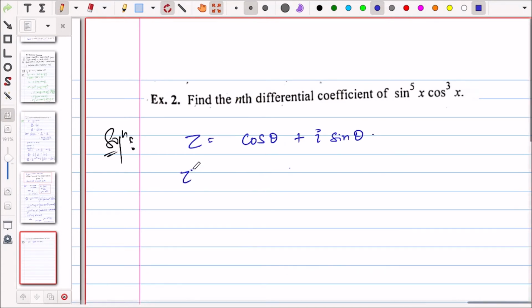So z to the power minus 1 is, you take the minus power, so it will become cos theta minus i sin theta, right?